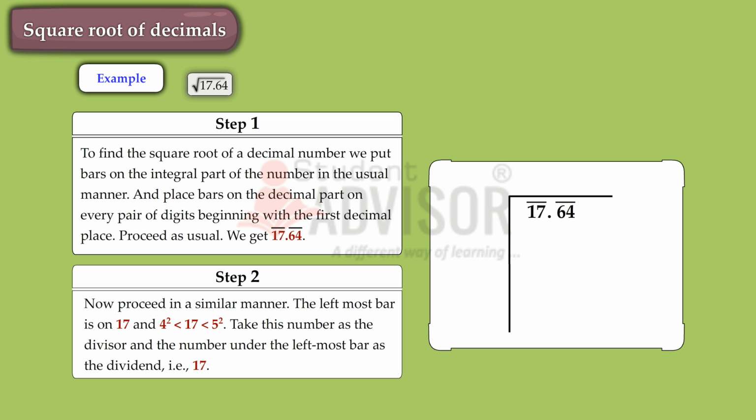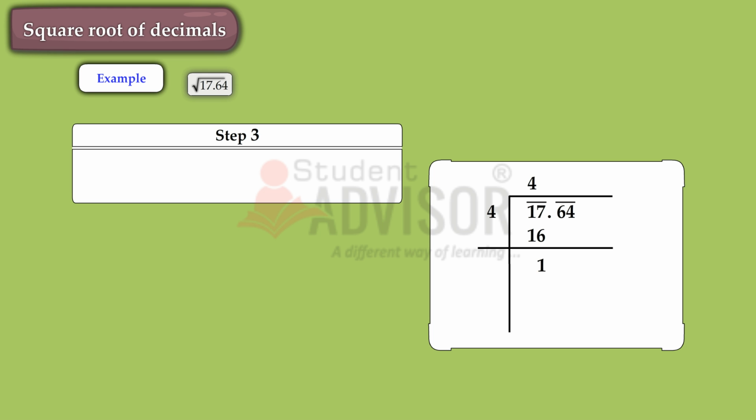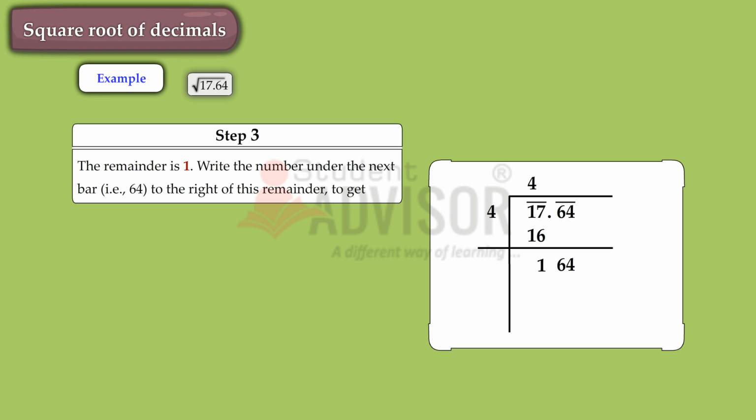Divide and get the remainder. Step 3. The remainder is 1. Write the number under the next bar, that is, 64, to the right of this remainder, to get 164.